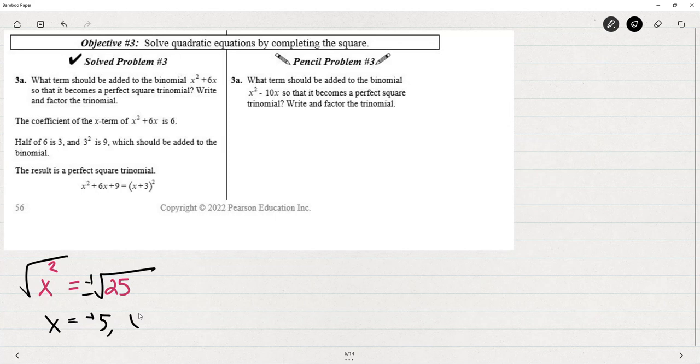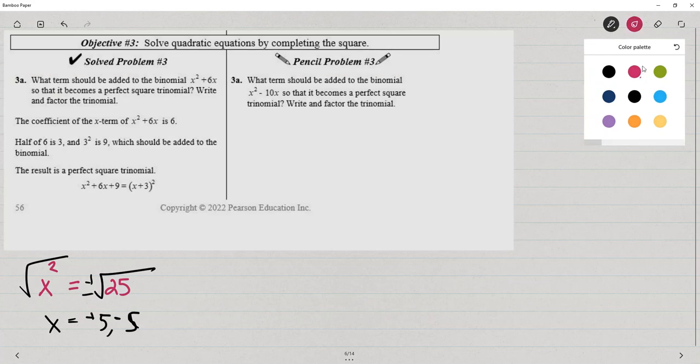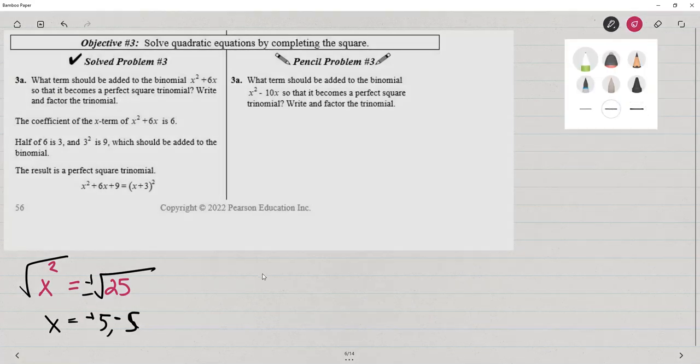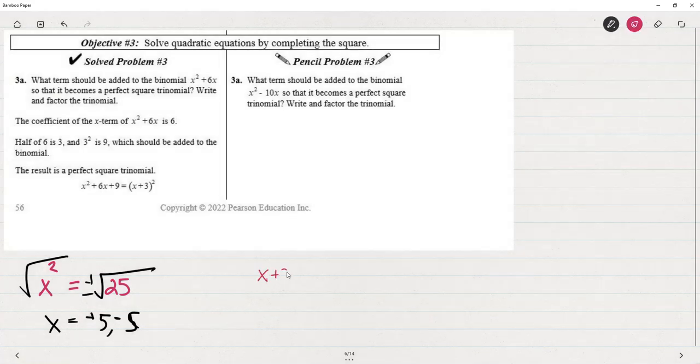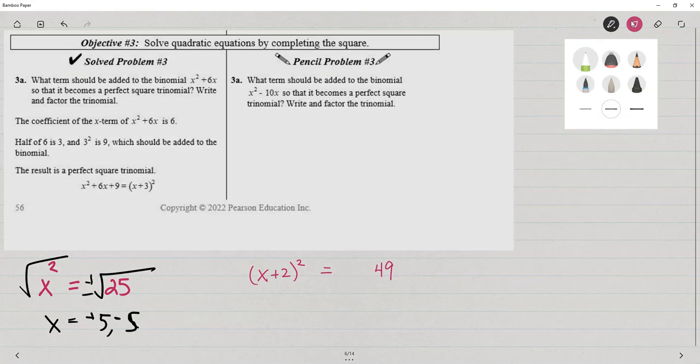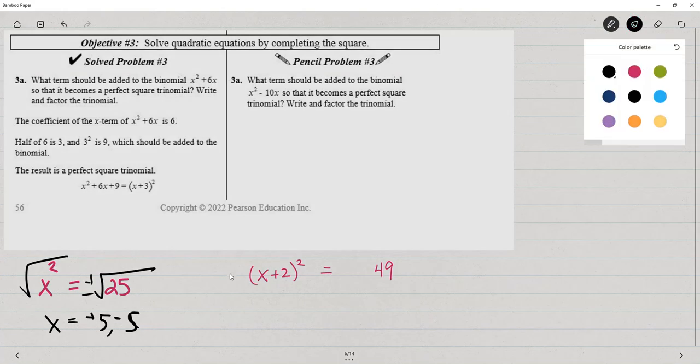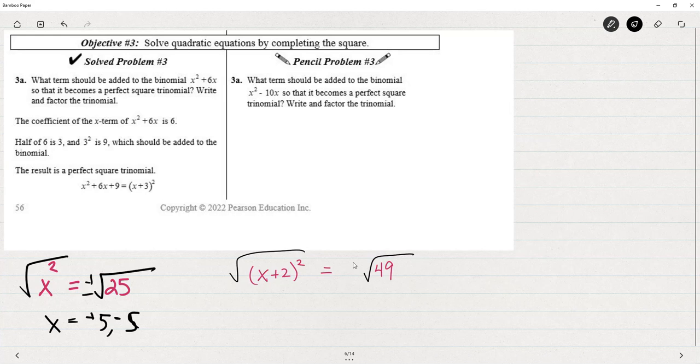to get that this is x equals 5 or -5, right? Or an even better example would look like this. If I have x plus 2 squared equals 49, I've isolated that square term. So I'm going to do the square root of both sides. And the square root of x plus 2 squared is x plus 2.